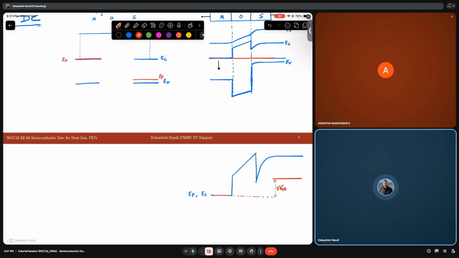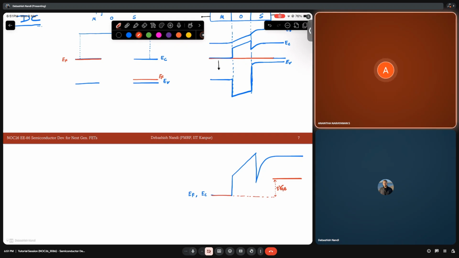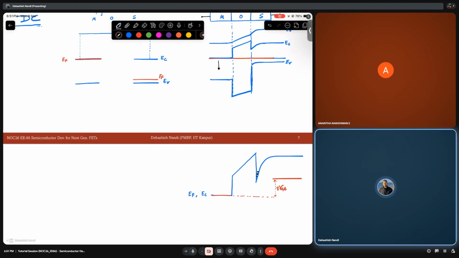Now can carriers move from one place to another? Yes, sir. There's a band discontinuity, right, sir? Let's say you will have electrons here, that are your inversion charges.